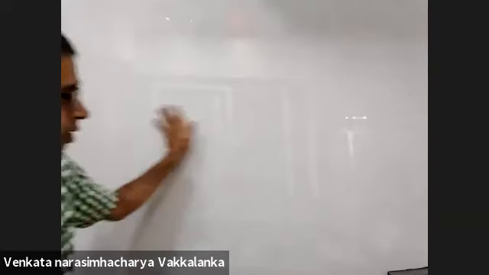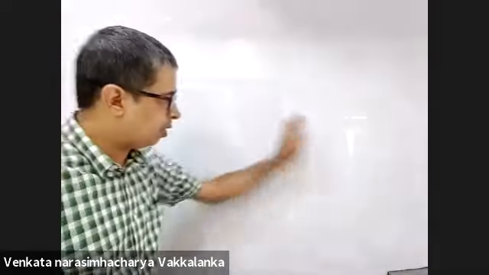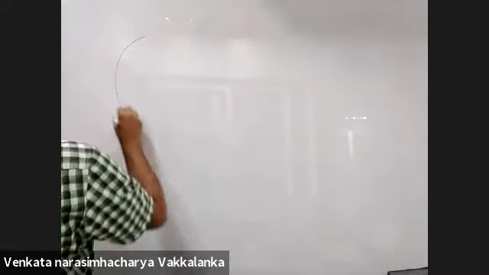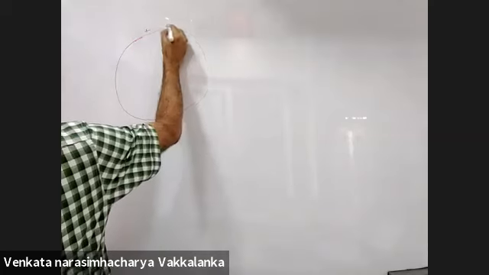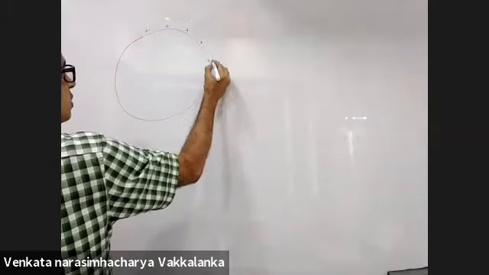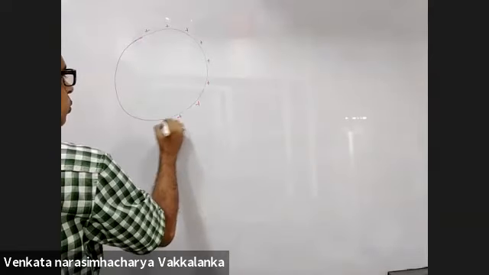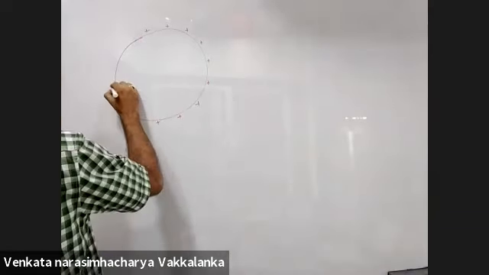One really tough problem from the Olympiad series is, listen carefully. This is a ring. It has charge capital Q uniformly distributed.